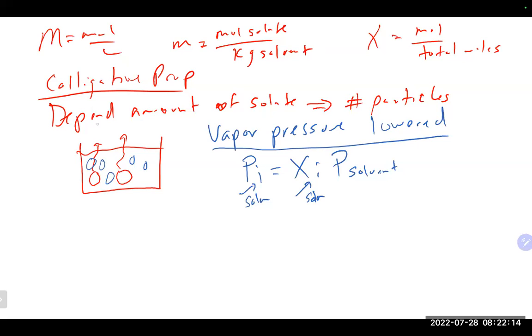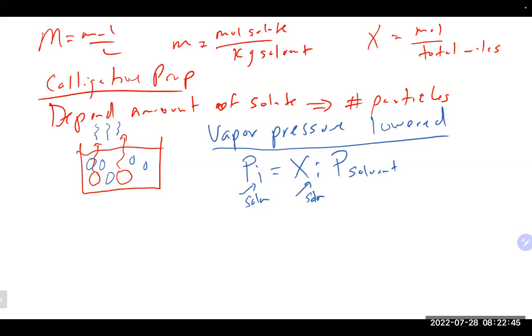That means only a lower amount of gas molecules will escape the surface. And remember, vapor pressure is basically the pressure of the gas molecules above the liquid that have been able to escape through evaporation and stuff like that. So if it takes longer and it's a little bit harder for those guys to escape into the gas phase, then obviously we would have fewer gas molecules above the liquid. Fewer gas molecules above the liquid would mean we have less pressure above the liquid, and that is why we see the vapor pressure come down.